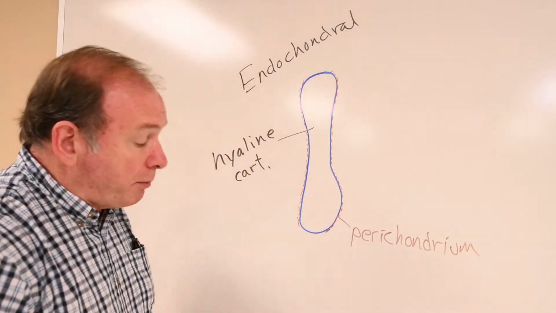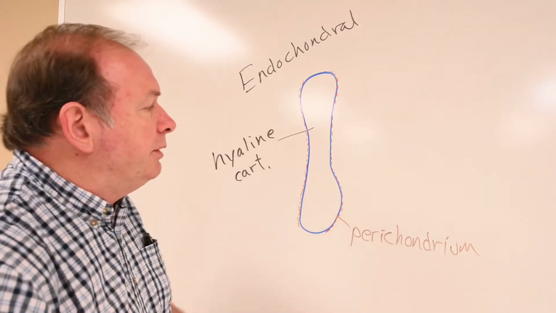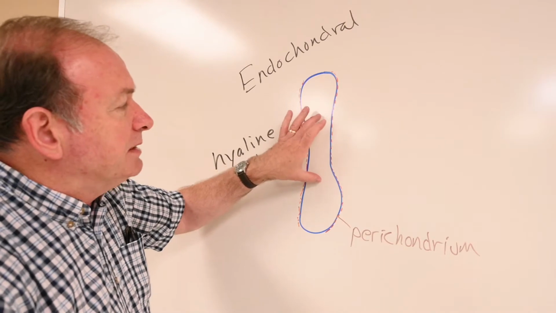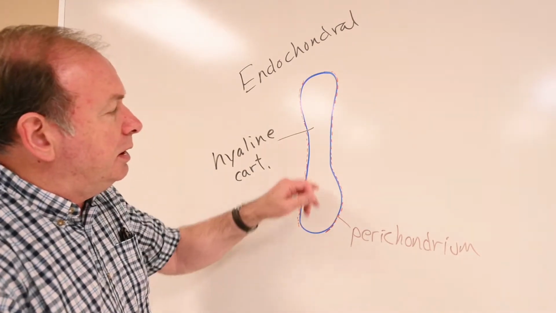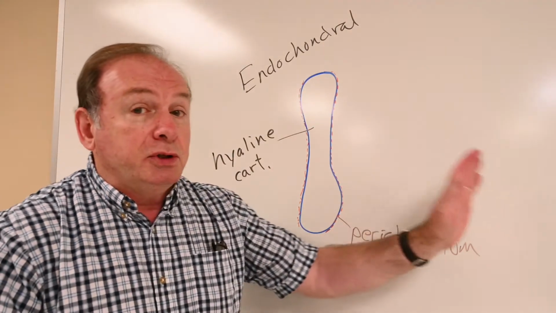So most of your long bones, think of your humerus, for example, a radius or ulna in your arm, any of those long bones that you have, they begin first as a piece of hyaline cartilage developing in the embryo. They're laid down as hyaline cartilage and around them a perichondrium. And then they're going to eventually change over to bone.